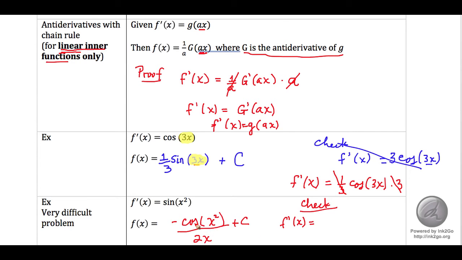We have the derivative of the top, sine of x squared times 2x, times the bottom, minus the derivative of the bottom, which is 2, times the top, which is negative cosine x squared, all over the denominator squared. So once again, this is incorrect. This function is not the antiderivative of sine of x squared.